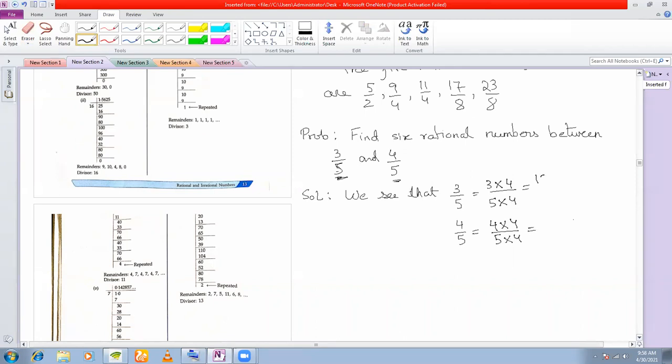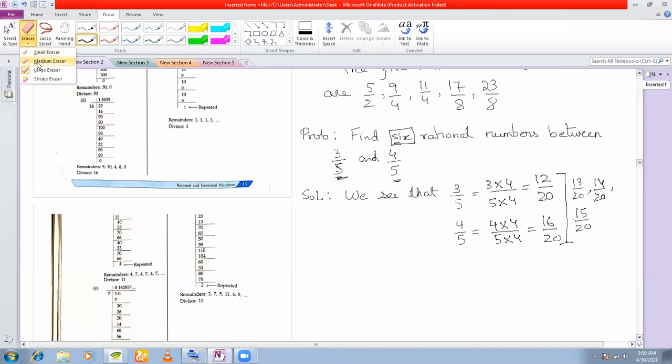So this will give me 12 by 20, and this will give me 16 by 20. So how many are there between 12 by 20 and 16 by 20? 13 by 20 you have, 14 by 20 you have, 15 by 20 you have. You have only 3 between these two fractions, right? But we need 6 because we need to insert 6 rational numbers, right?